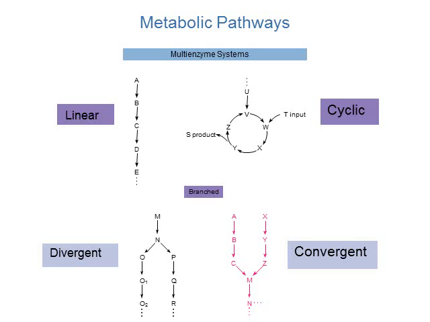So this linear system right here, since it has 4 steps to it, you're going to have 4 different enzymes, one at each of those steps. So you can have these linear metabolic pathways. You can also have cyclic pathways where molecules come into the cycle, and then molecules will exit out of the cycle, and you always get back to your starting molecule.